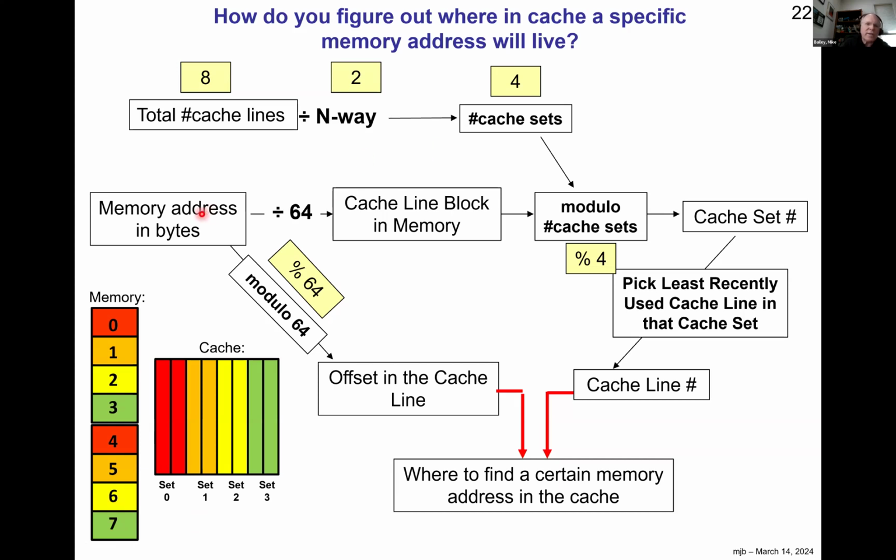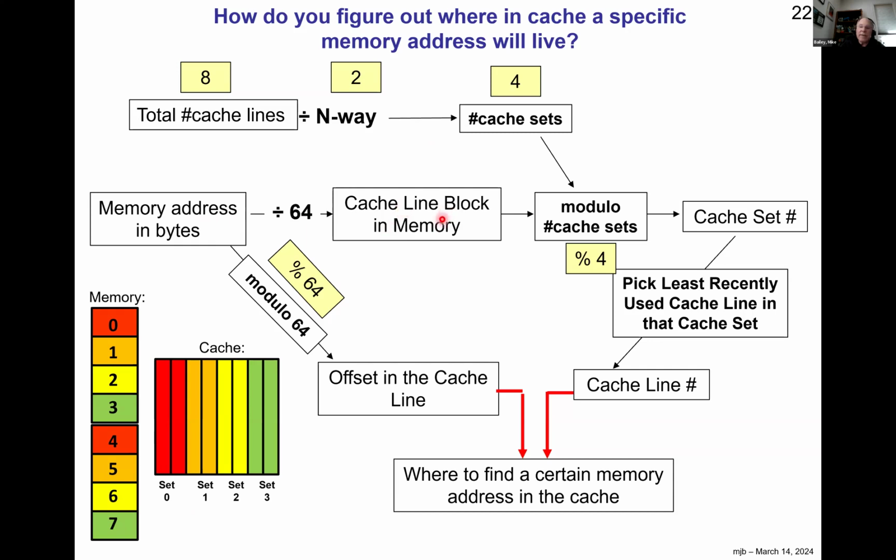All right, so let's say we have a memory address we want to go get. There are 64 bytes in a cache line. We divide that memory address by 64, and that tells us which memory cache line we're in.